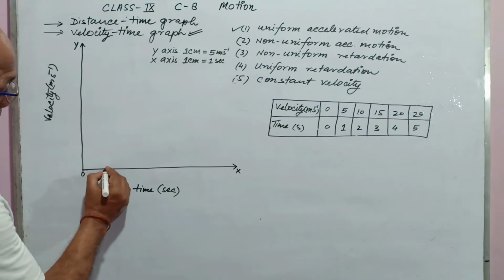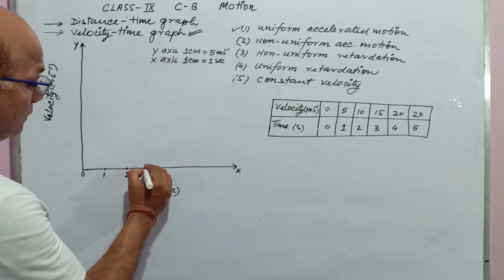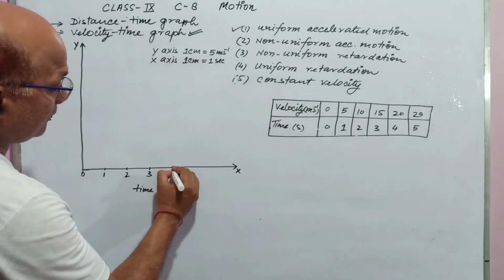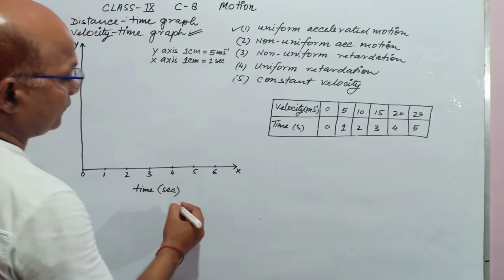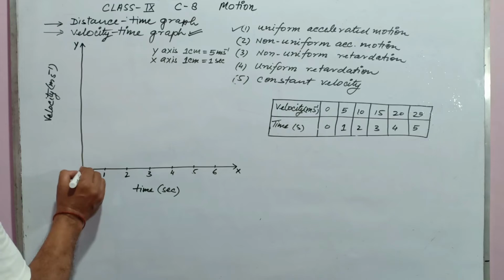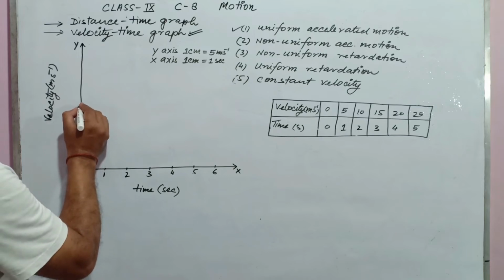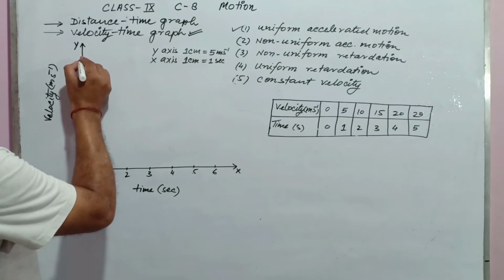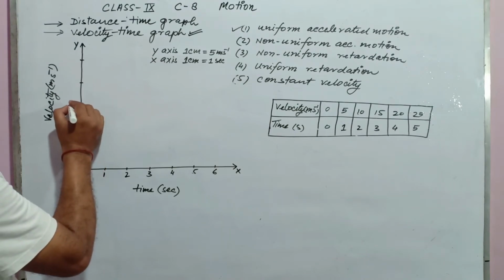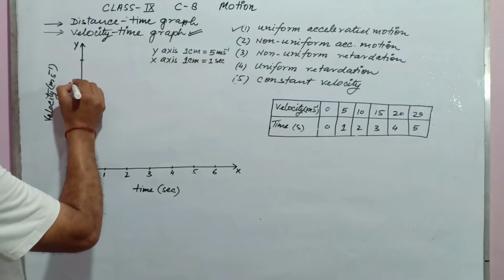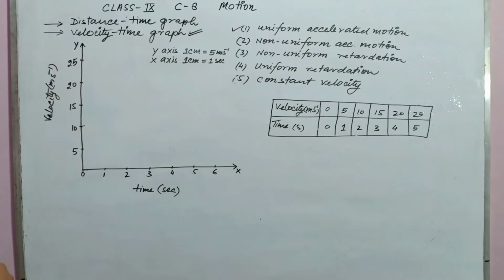Time: 0, 1, 2, 3, 4, 5, 6 and so on. Velocity: 5, 10, 15, 20, 25 and so on.